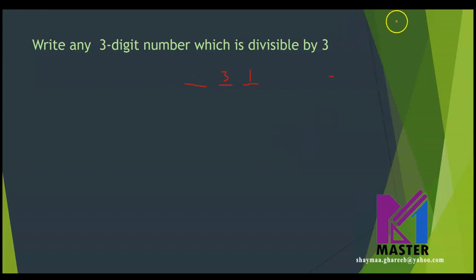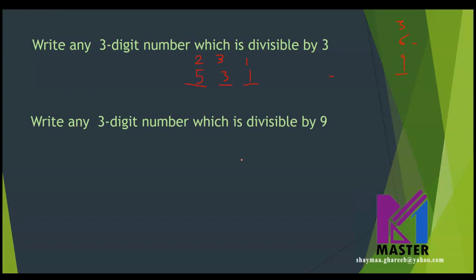We have 3, 6, and 9, for example. So far I have 4. I can put 5, so the sum will be 9, or I can put 2, so the sum will be 6. So I can write 531 or 231.